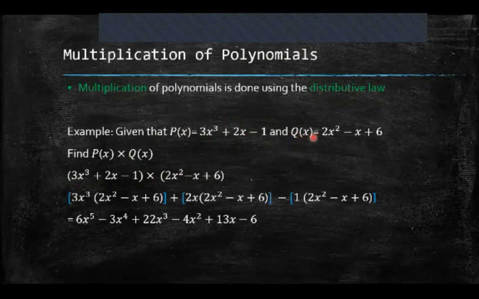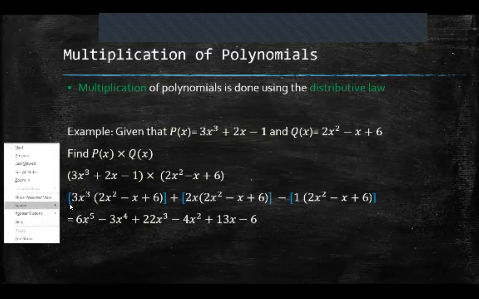And then we're also given q of x, which is 2x squared minus x plus 6. To find p of x multiplied by q of x, what you use is the distributive law. But this is nothing new, because let me show you an example. If you were given x plus 2 and then x minus 1, how would you expand these brackets?